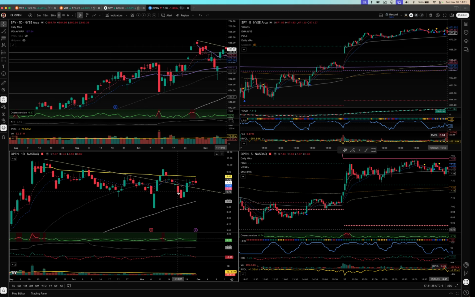Two contracts. Now, your total risk is your debit paid plus the spread between the strikes. So my total risk here is going to be $2.50 of the spread plus the $1.19, which is $3.69 per contract of risk.